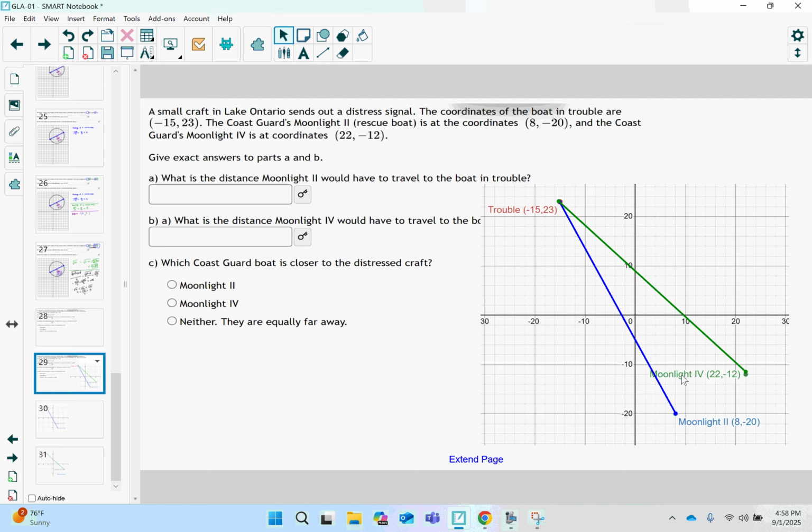And the reason that we typically don't answer questions based on visual inspection is because things can be deceiving to the eye, and things can be just slightly different in size, even though they look about the same, or just the way it appears sometimes can fool you. So we use algebra to make sure we're getting an accurate answer here.